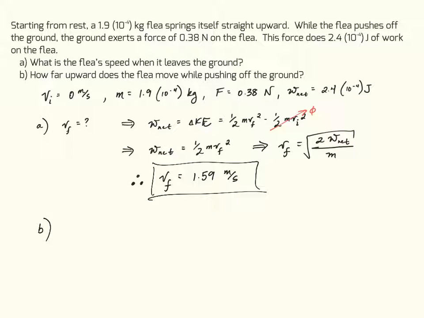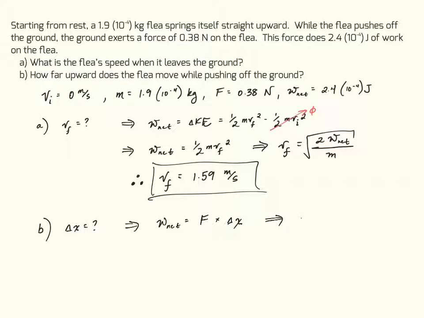Now part B, we need to find essentially the displacement of that flea while he's pushing off the ground. So I shouldn't use D. I did that in the last video. So we're basically looking for delta X. Well, what do we know? We know the total net work. We know the force that's applied. So here we can just use our work equation. So we can say that work net is equal to that force times delta X. And this is pretty basic here.